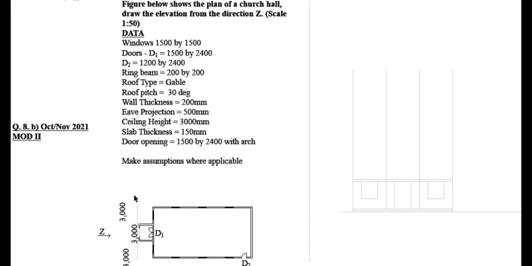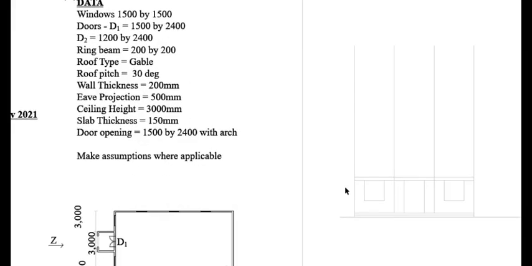The other thing we need to do, we have our opening here, but we don't have the arch. We are going to create the arch at a later stage. So what we are going to do now, I want to go ahead and draw my roof, gable roof. Since the ceiling height is 3000, that means that the roof should also project at 3000.